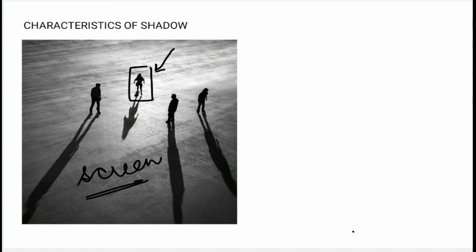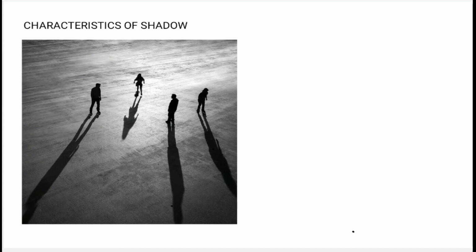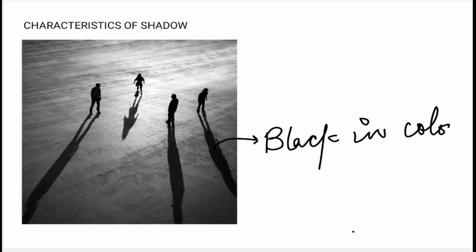Next students, we have the characteristics of shadow. What are the characteristics of shadow? As you all can see, a shadow is always black in color. Another thing is the size of the shadow.